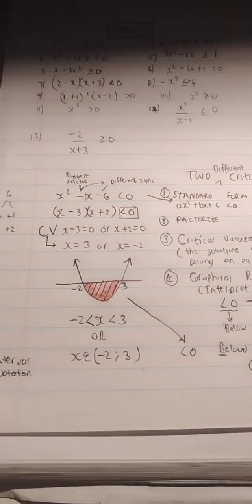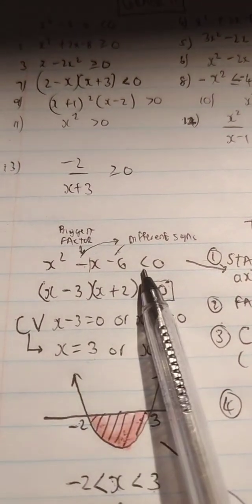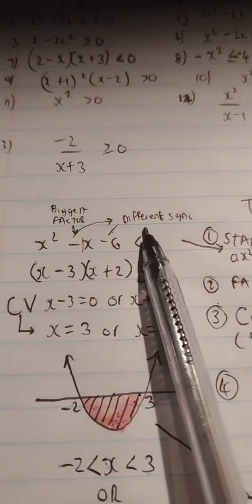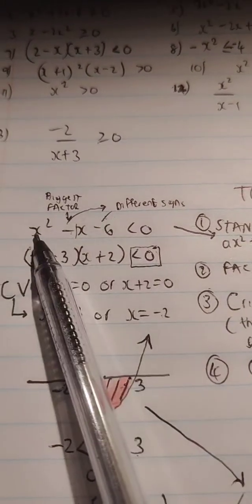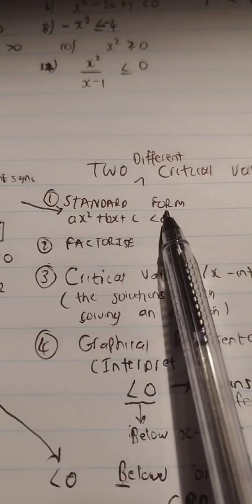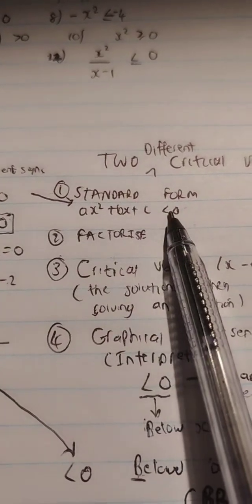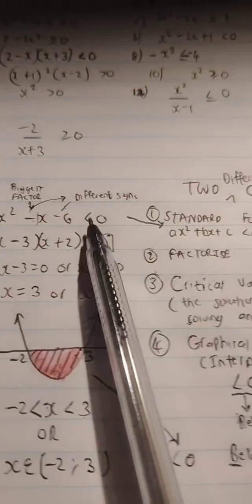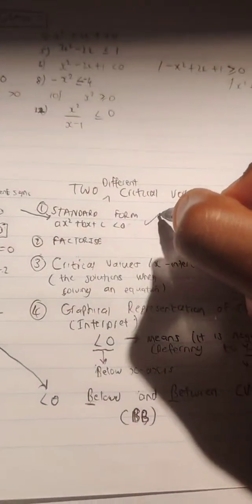Okay, so guys, just one more time. What did I say? When solving a quadratic inequality, you must first write the quadratic inequality in standard form. This is already in standard form. What do we mean by standard form? ax squared plus bx plus c. And in this case, because it's less than 0, we are saying less than 0. That is step number 1.